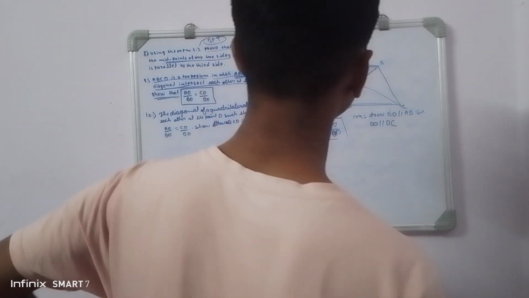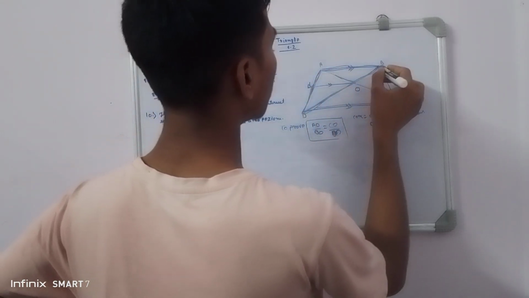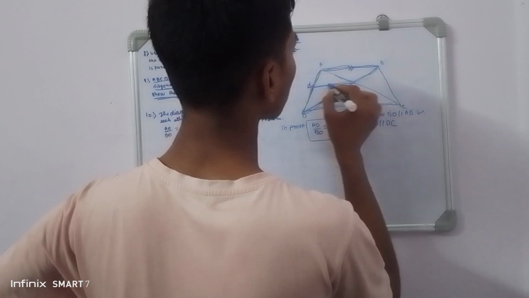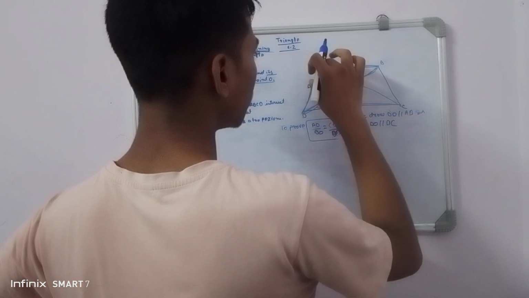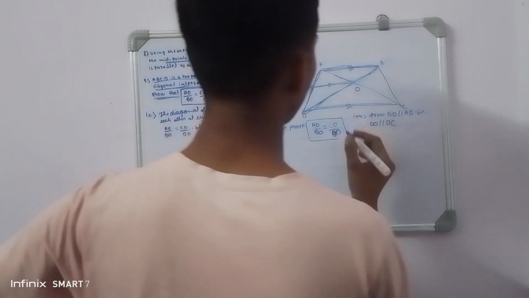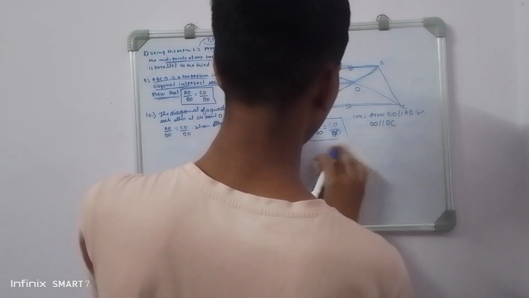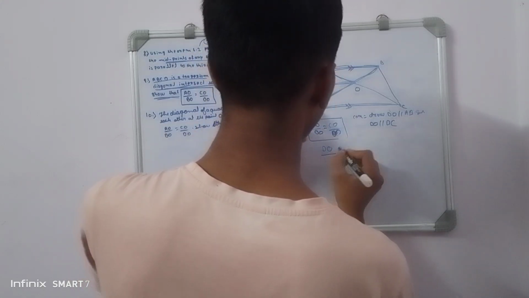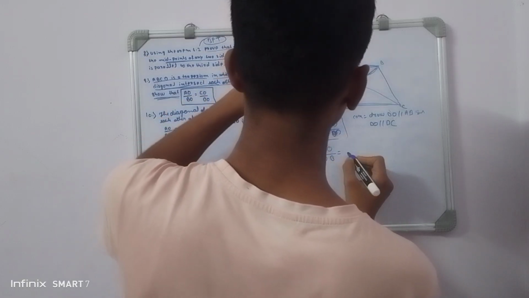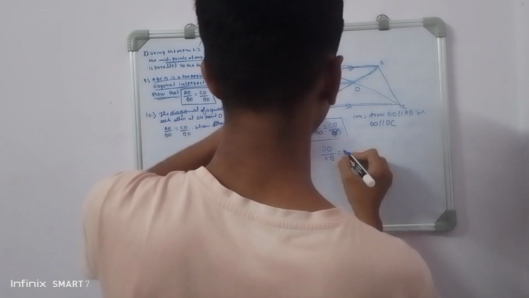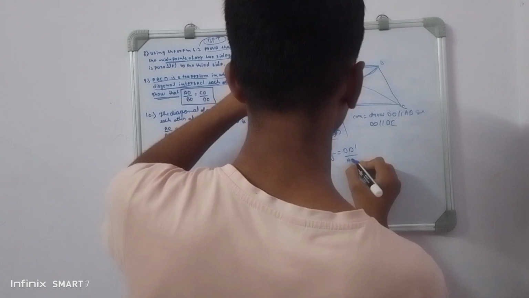So right here, the D dash. In triangle ADB, we have the line D dash O which is parallel to AB. So through this you could write that DO by OB is equal to DO by AB, which is equal to DD dash by AD dash.